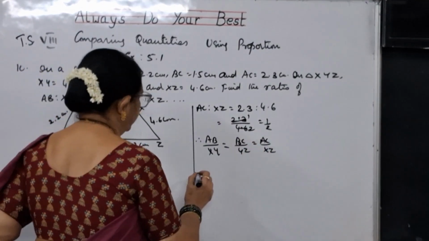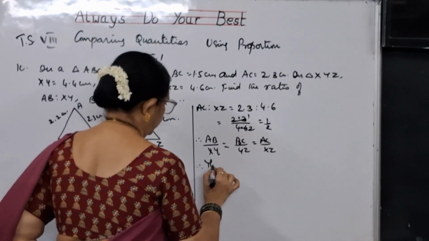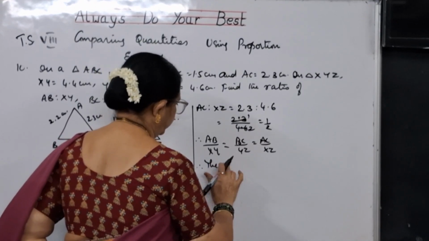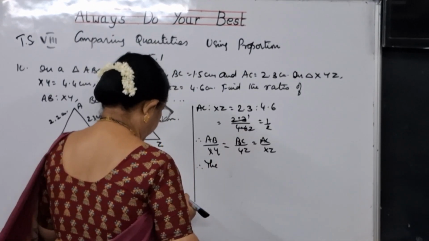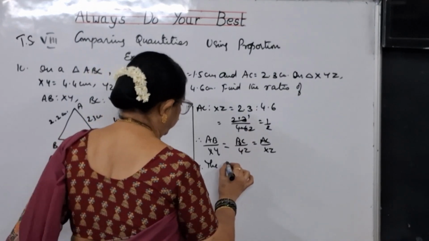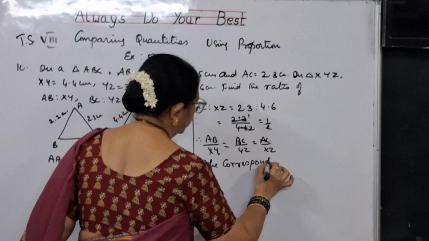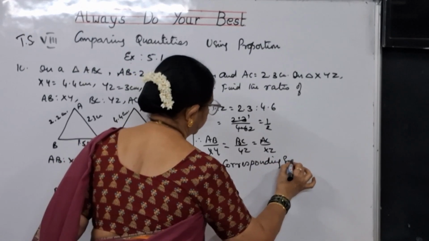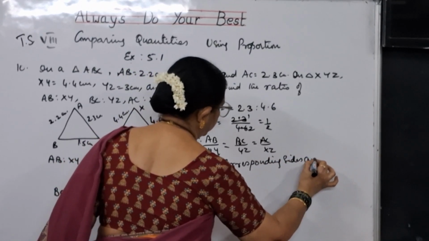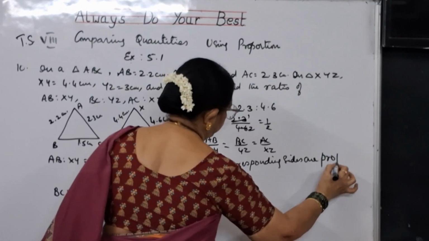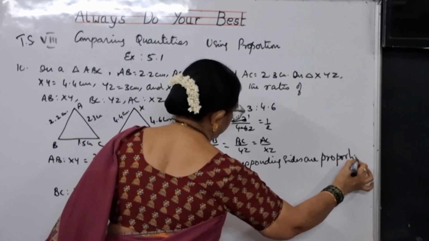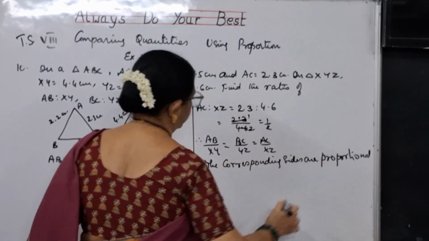So, we will call them corresponding sides. Therefore, corresponding sides are proportional. They all are proportional.